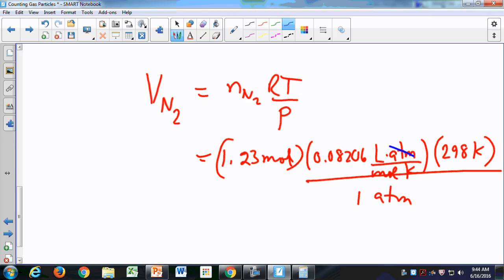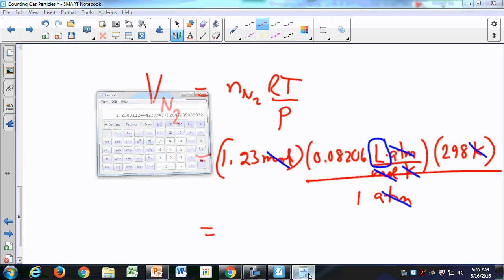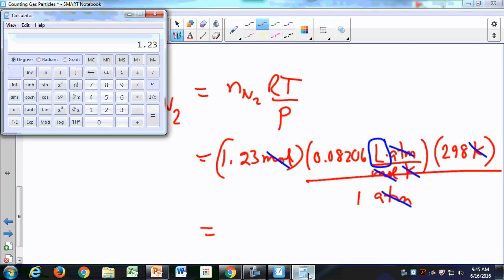So atmosphere cancels out, Kelvin cancels out, mole cancels out. That gives you the answer in liters. 1.23 times 0.08206 times 298 divided by 1 is 30.07 liters. So that's 30.1 liters.